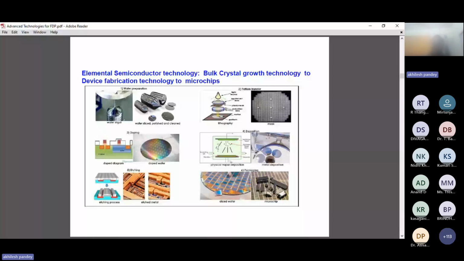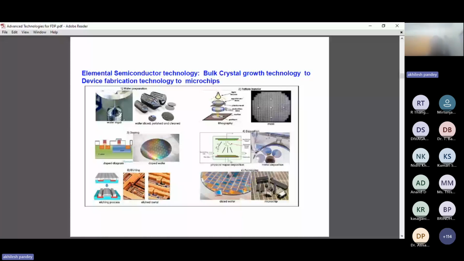Then an epi-ready wafer is obtained. Such different steps have to be done to make silicon wafers. Right now we are getting silicon wafers from different sources, and it is very cheap.